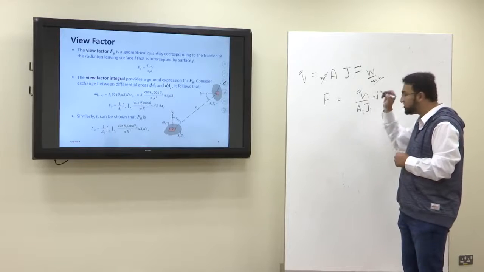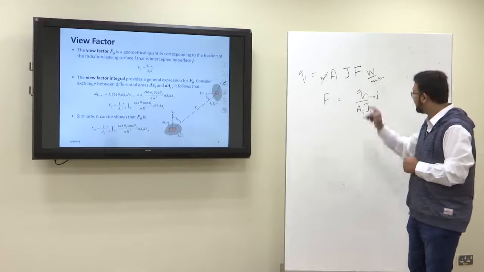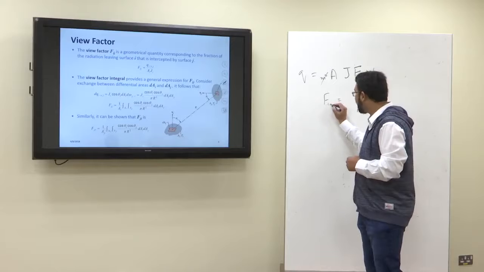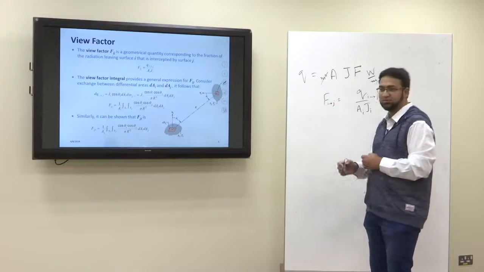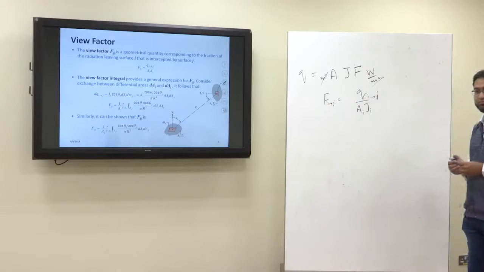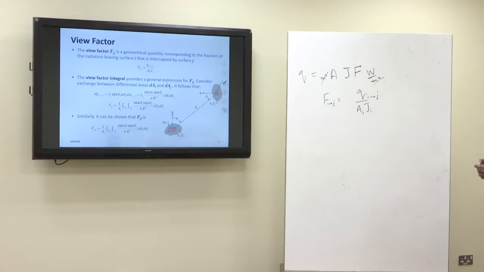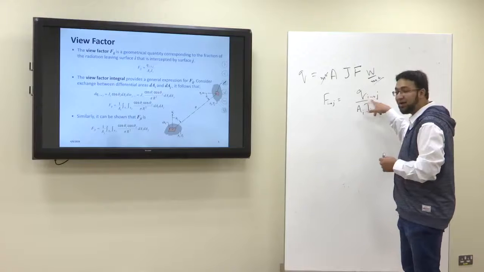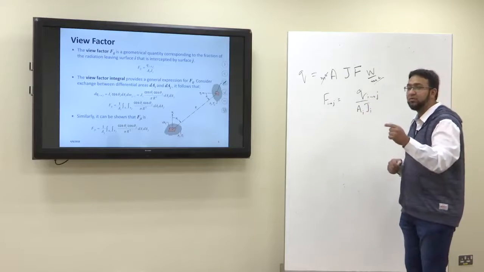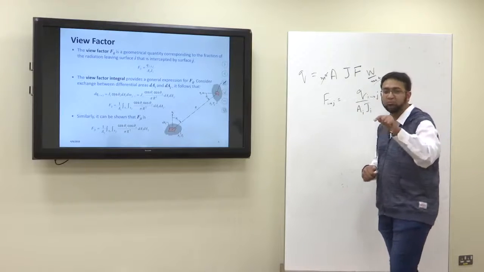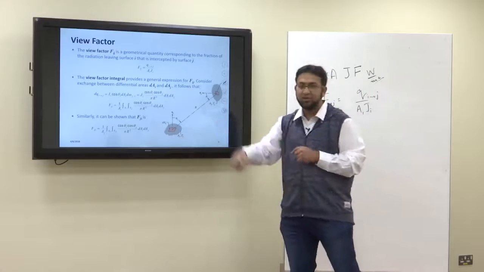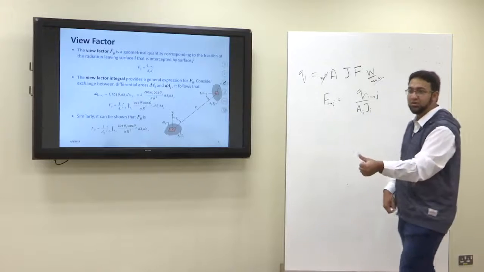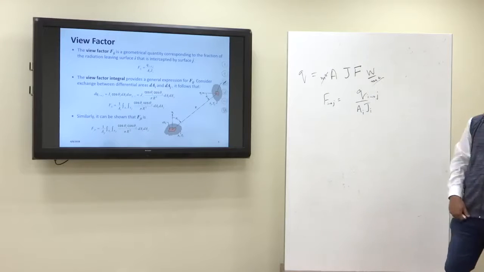That's why it's A I J I. That reaches J, so here the view factor F I to J is important. So F I to J equals Q upon A I J I. When I write I to J, it means the amount of energy emitted by I which reaches J. If I write J to I, that means the amount of energy emitted by J which reaches I.